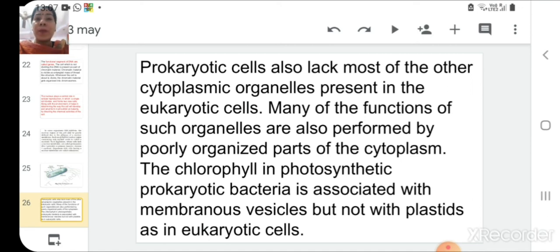All these membrane-bound organelles are absent in prokaryotic cells. Many of the functions of such organelles are also performed by poorly organized parts of cytoplasm. The chlorophyll in photosynthetic prokaryotic bacteria is associated with membranous vesicle but not with plastids as in eukaryotic cells.